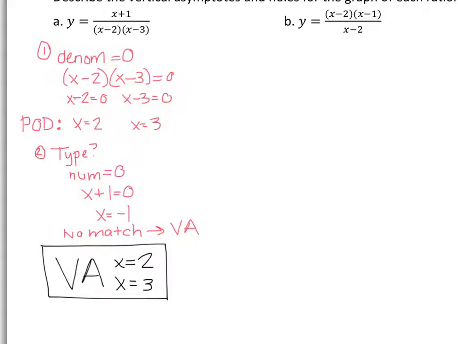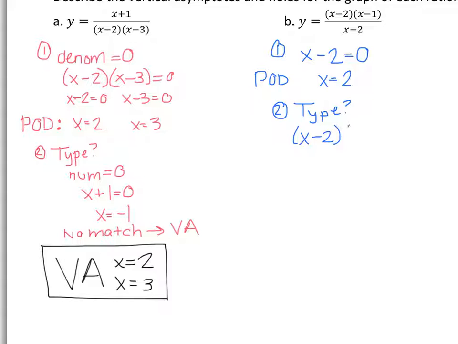All right, the next one, let's do that. First of all, set your denominator equal to 0, which gives us x equals 2 as our point of discontinuity. Now let's figure out what is going on at that point. Set your numerator equal to 0, so x minus 2 times x minus 1.